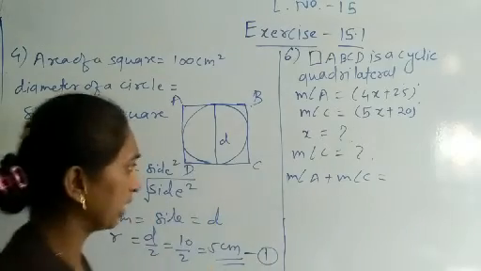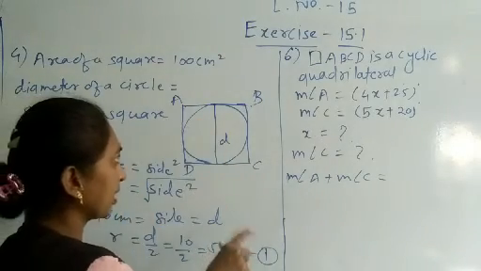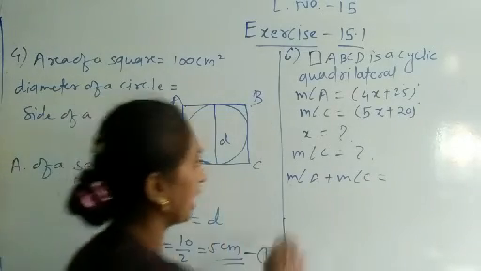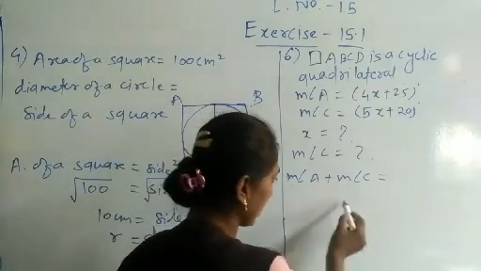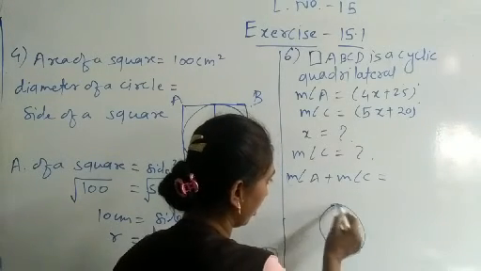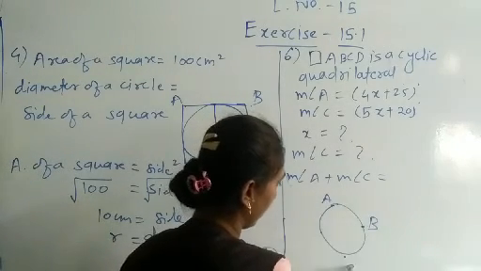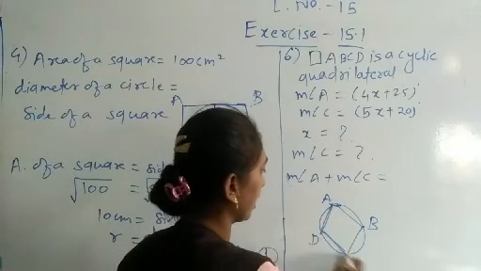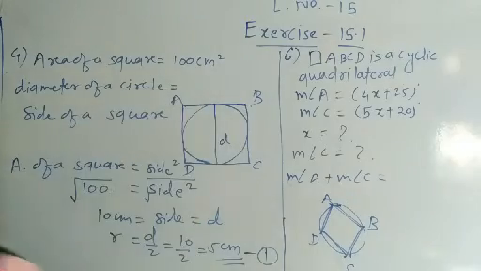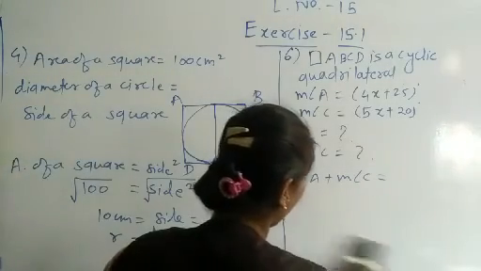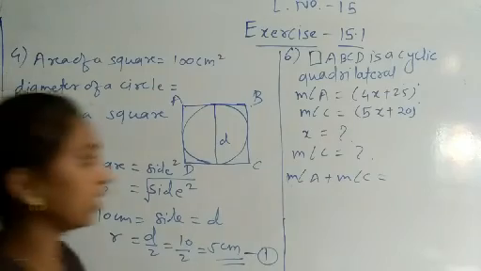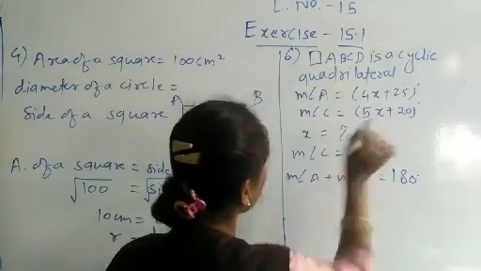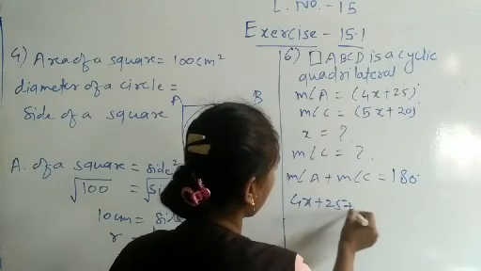If you have any quadrilateral ABCD, the opposite angle of A is C, and B is opposite to D. It means that if the vertices of a quadrilateral lie on the circumference of a circle, then that quadrilateral is said to be a cyclic quadrilateral. In a cyclic quadrilateral, the sum of opposite angles is always 180 degrees. Now measure of angle A is 4x plus 25. Substitute all the values.